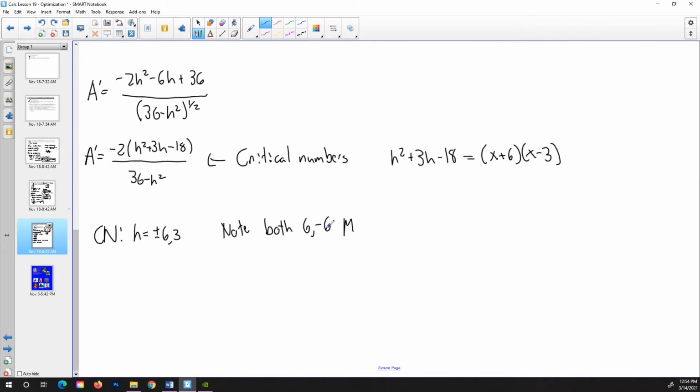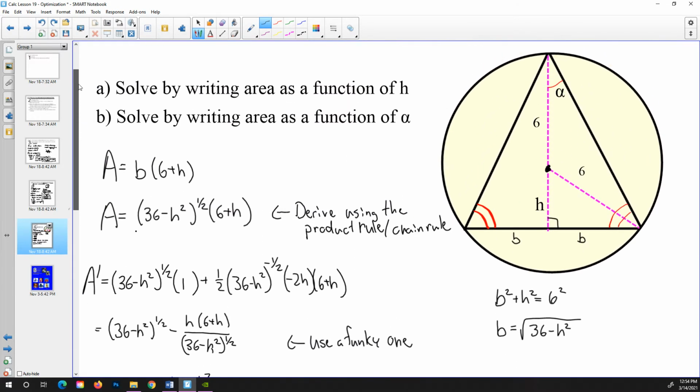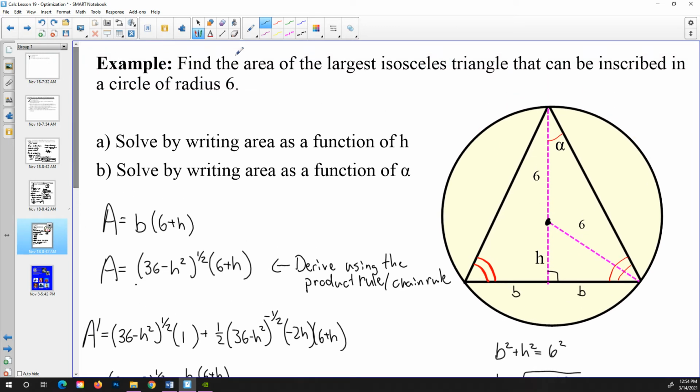So both 6 and negative 6 make the area equal to 0. Thus, h equal to 3 will maximize the area. Okay, so if h equals 3 maximizes the area, it says find the largest area.